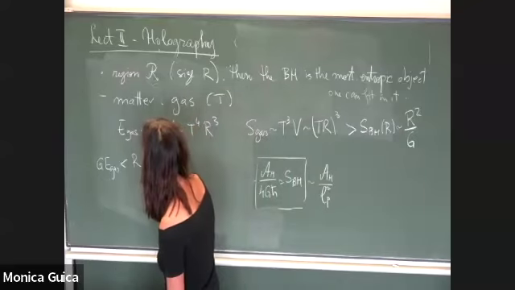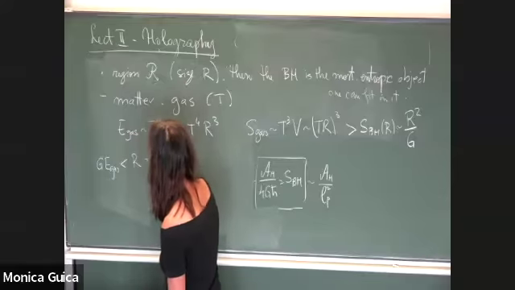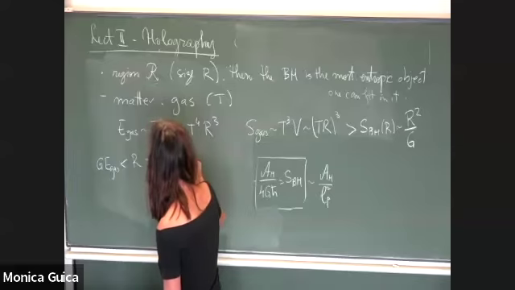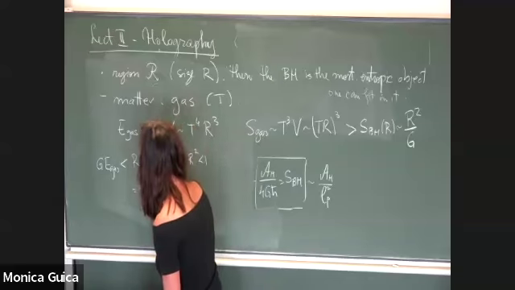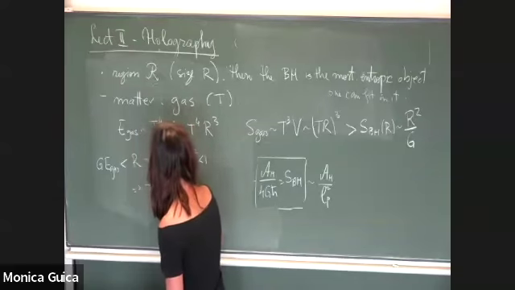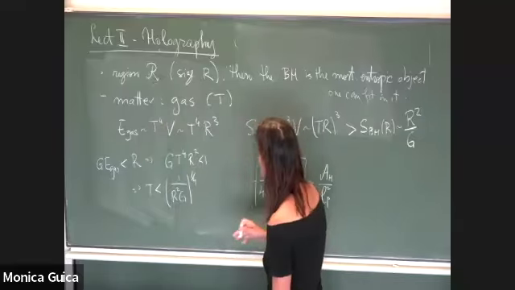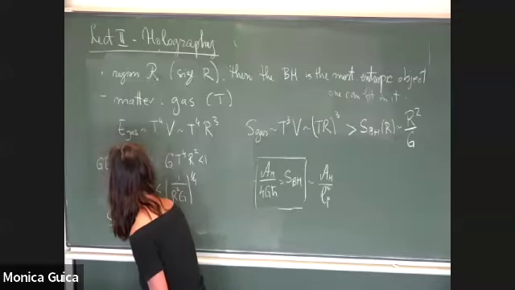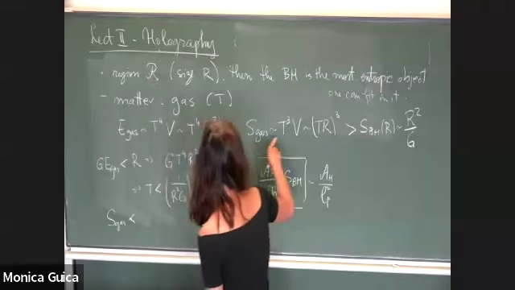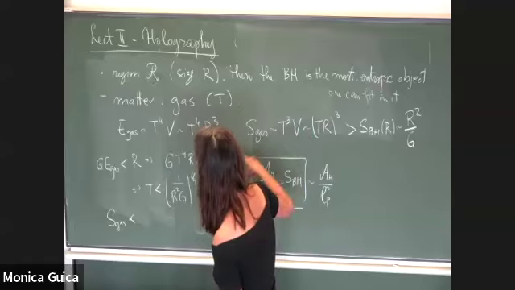Okay, so this implies that G times T^4 r^3 is smaller than r, which implies that T is smaller than 1 over (r^2 G) to the 1/4. And in turn, if I compute the entropy of the gas, it's going to be smaller than T^3 r^3.